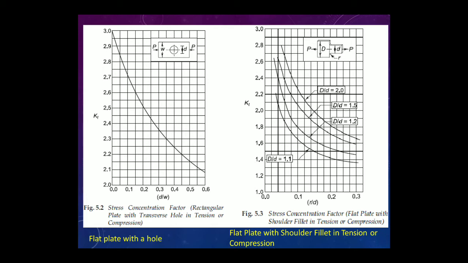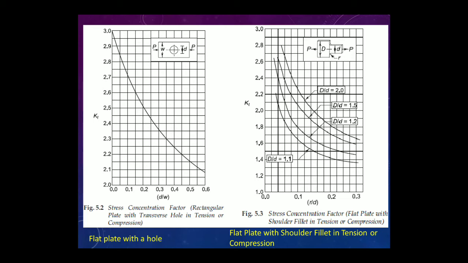Similarly, on the right side, figure 5.3, the flat plate with shoulder fillet in tension or compression is given. The chart shows the stress concentration factor versus the R by d ratio, where r is the fillet radius and d is the smaller diameter of the shaft.